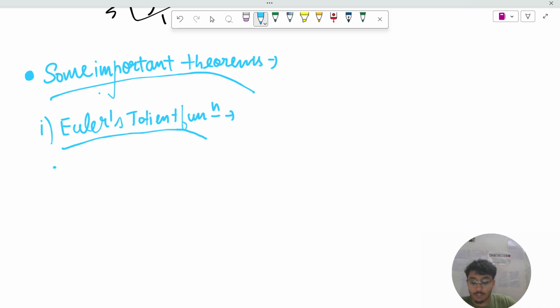So what is my Euler's totient function? Euler's totient function is denoted by phi.